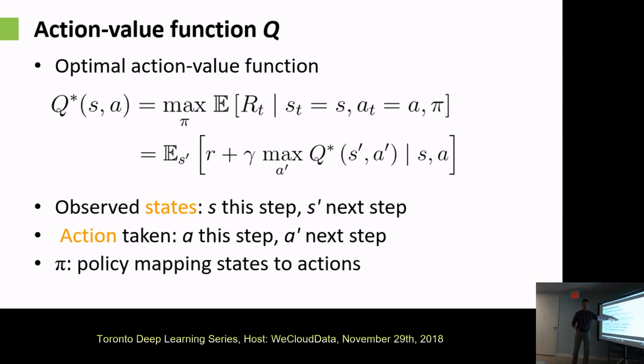This one incorporates the future ones as well, because the assumption is that you're following some optimal policy. If you follow that optimal policy, then the reward you get at this time step includes all the discounted future rewards.